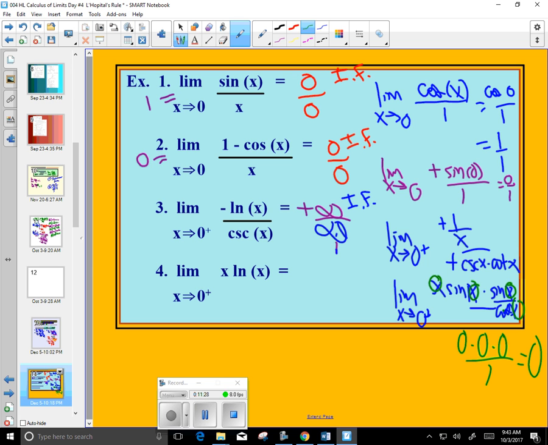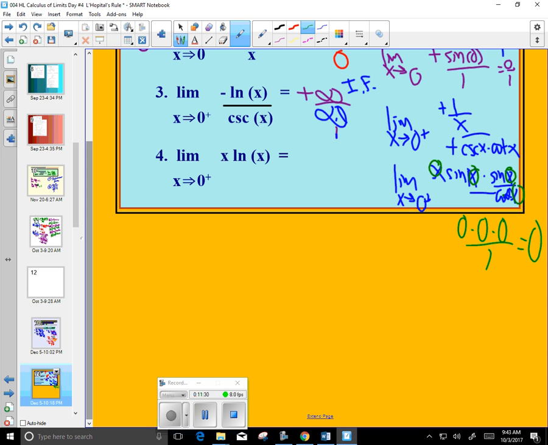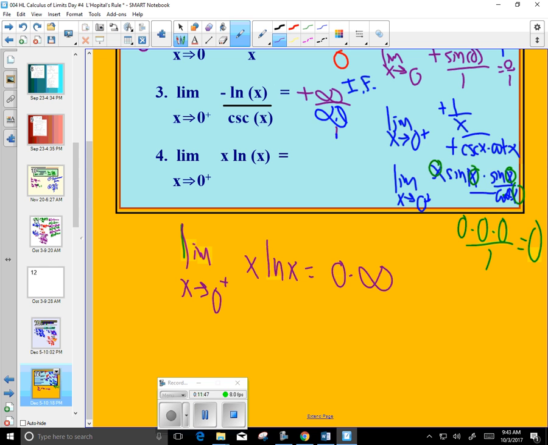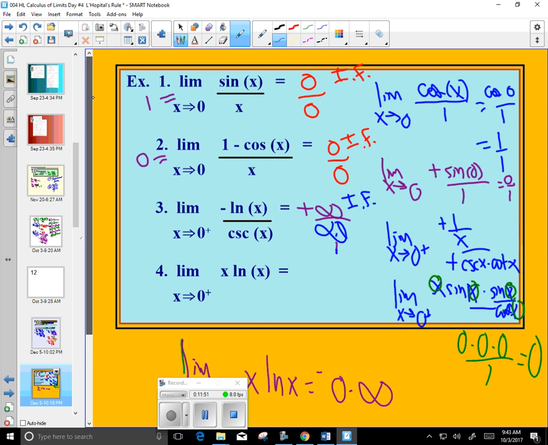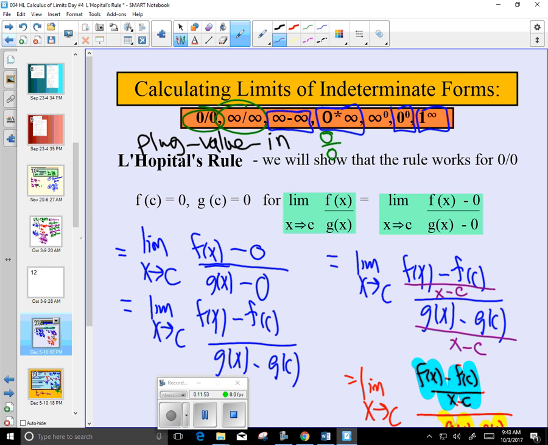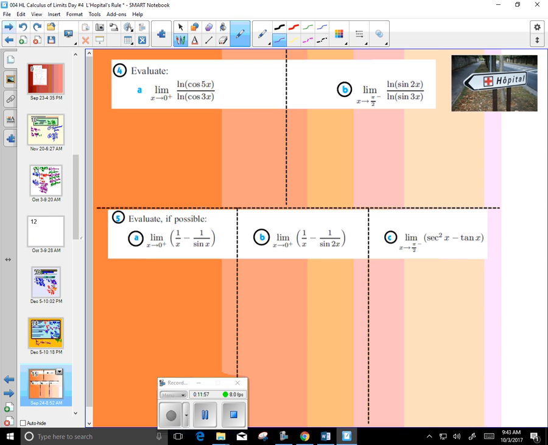And then we get to the last one here, and this is my favorite. The limit as x approaches 0 from the plus side of x times the natural log of x. Now plug values in here. You're going to get 0 times infinity, actually negative infinity. Now, is that an indeterminate form? Let's check. 0 times infinity. It's a weird one, but it actually works.